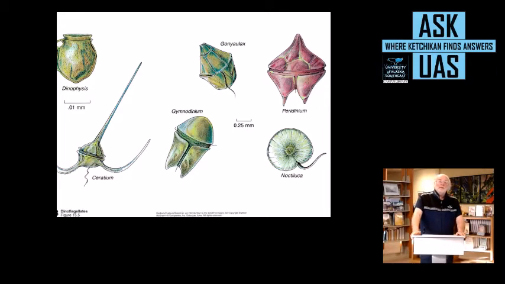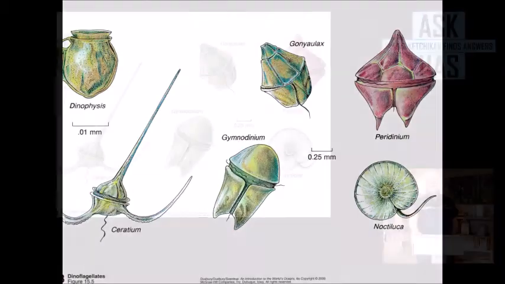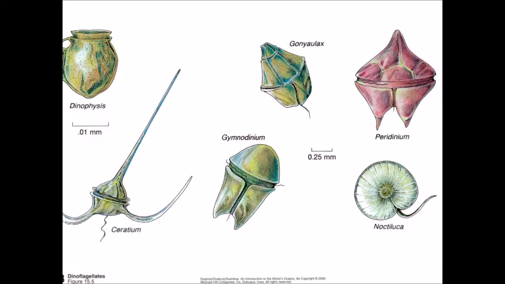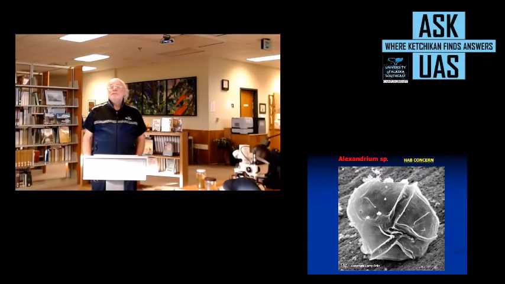These other ones you can see visually. In fact, the one in the right-hand lower corner called Noctiluca is one that you are all familiar with if you've lived here for a while, and I'll show you a picture of what that looks like in the ocean. It's very common. Go ahead to the next slide.